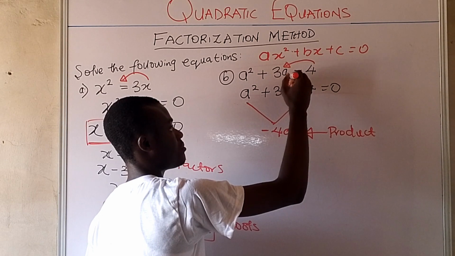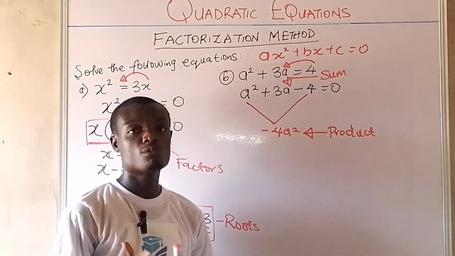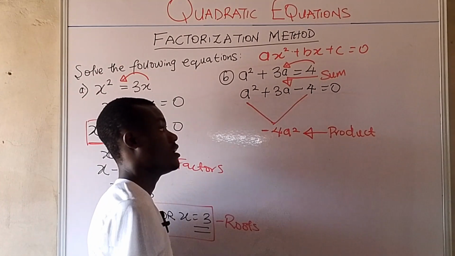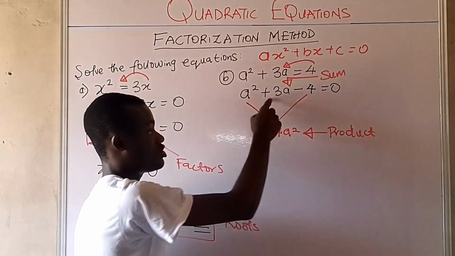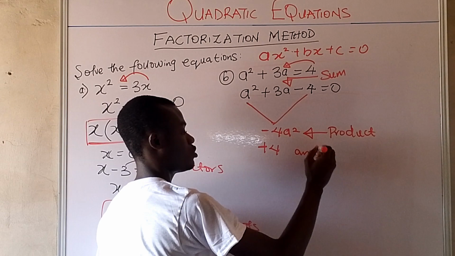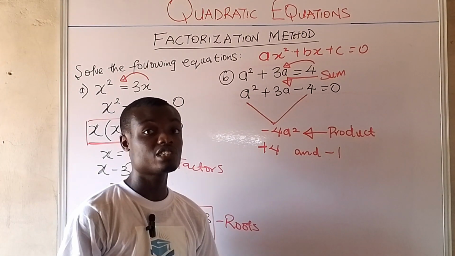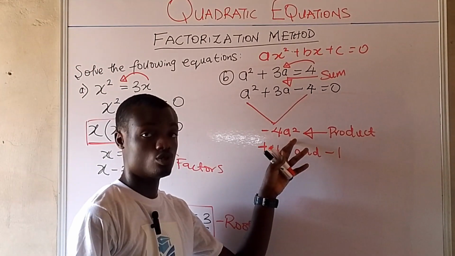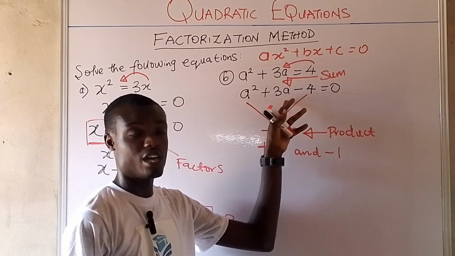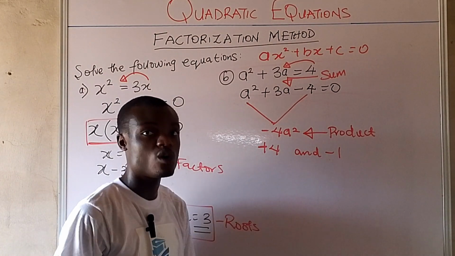Then when we add them, that is their sum, will give us plus 3a. In the exam, we have to do a quick thinking of two numbers so that when you multiply them you get this product, and when you add them you get the middle value, the coefficient of a. So from quick thinking, the two numbers are plus 4 and minus 1.